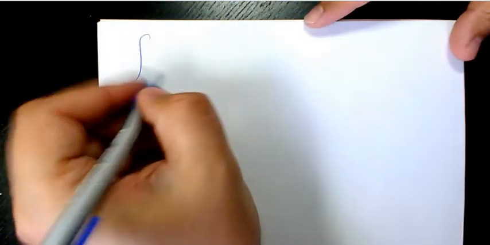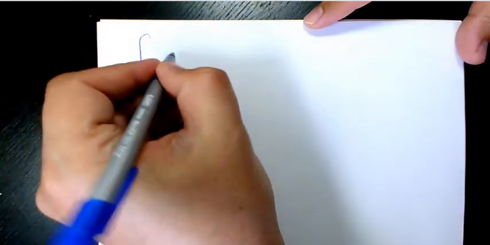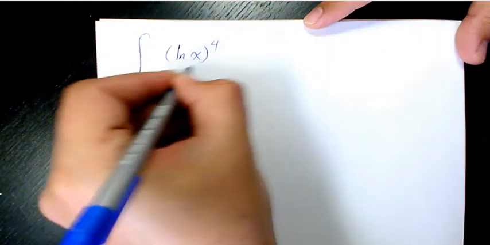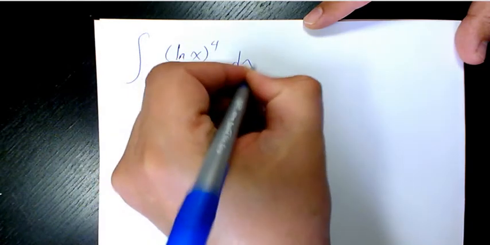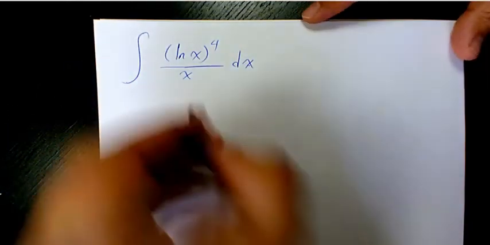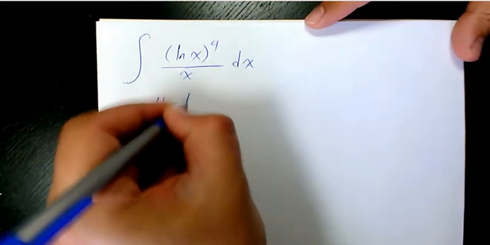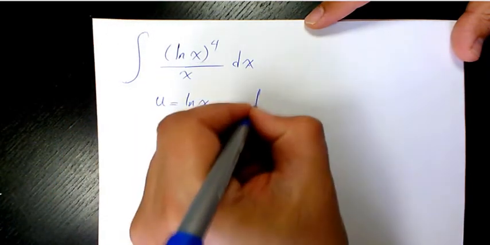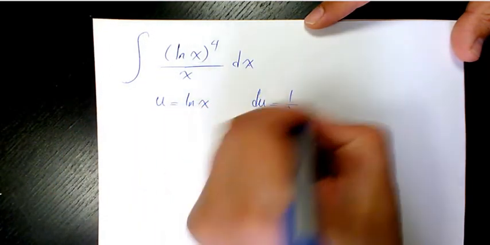Another example for substitution, we can have the integral of (ln x)^4 divided by x dx. I'm going to say u equals ln x, so du is going to be 1 over x dx.